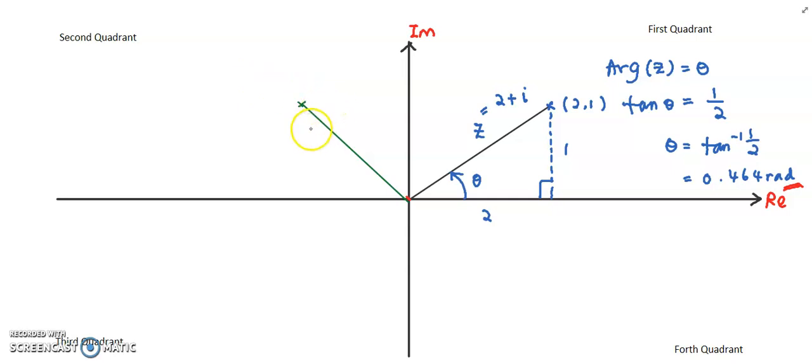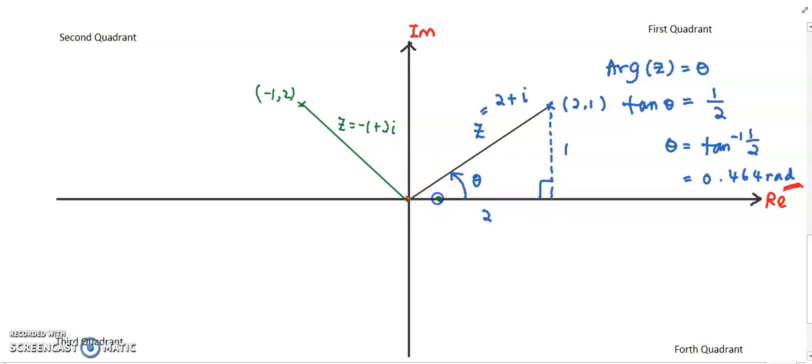For another example, I will show you if the complex number is in the second quadrant, which I draw in a green line. Let's say this point is (-1, 2), which means Z is equal to -1 plus 2i. Now we want to get the angle formed between the positive real axis and this line.